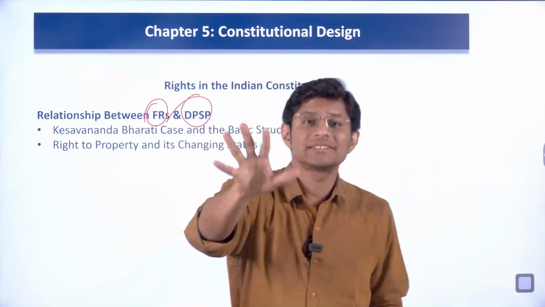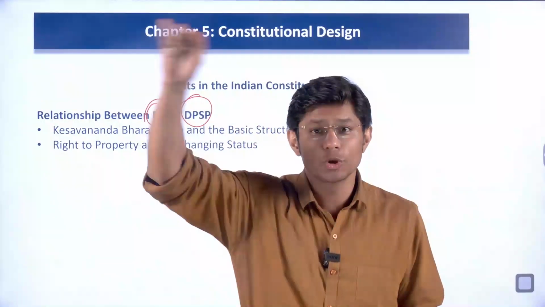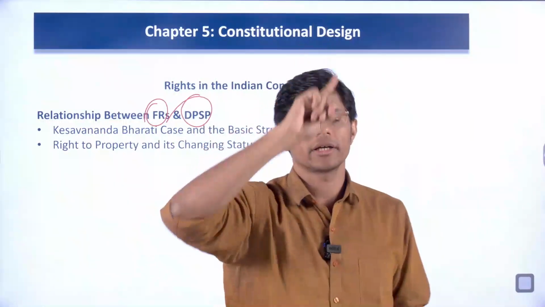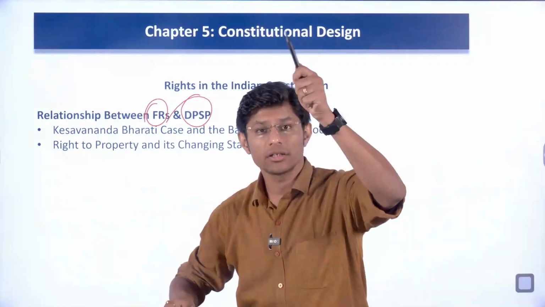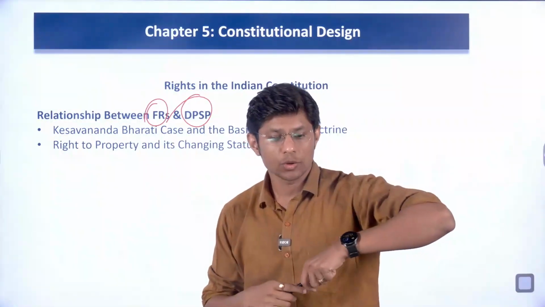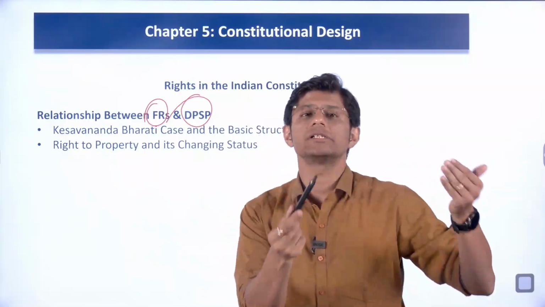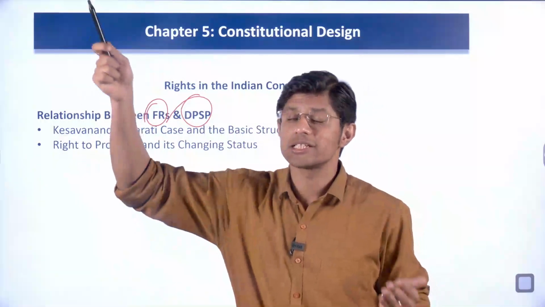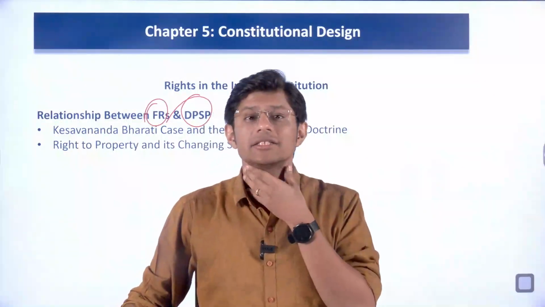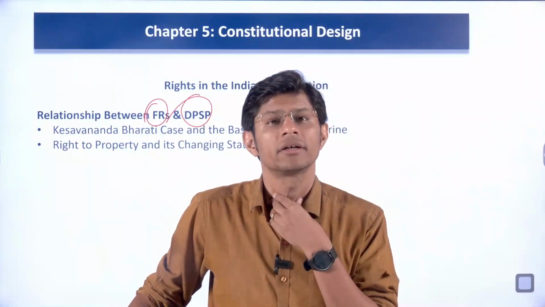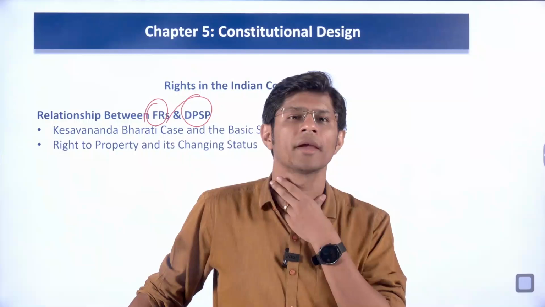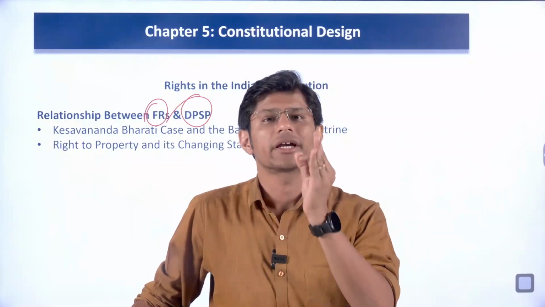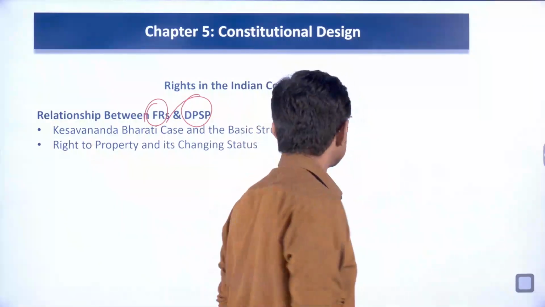The judiciary insisted that fundamental rights were supreme and could not be violated, even for welfare purposes. Here the judiciary supported the petitioners who challenged the decision of the government, and this dispute led to the famous Kesavananda Bharati judgment.